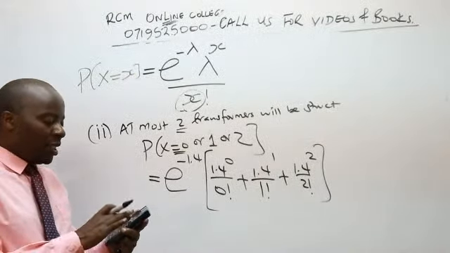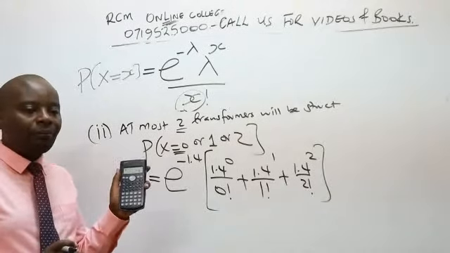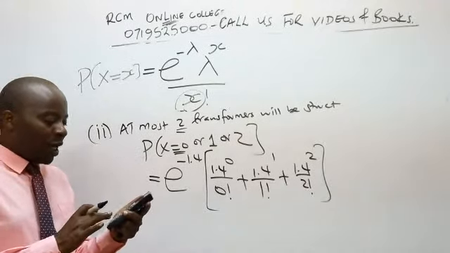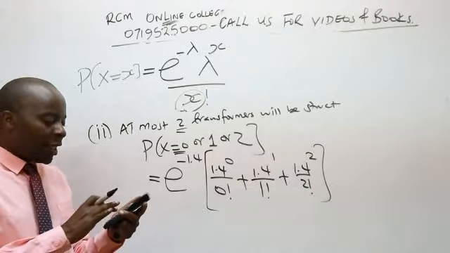So first of all, E. So we have shift E minus 1.4. You say equals first. And then we have times open bracket.